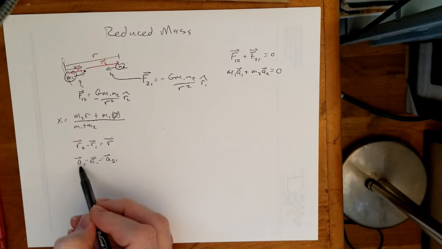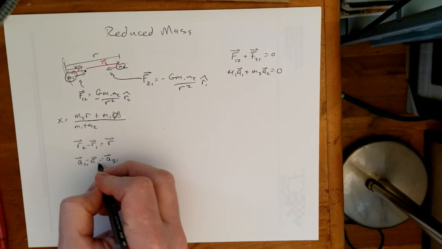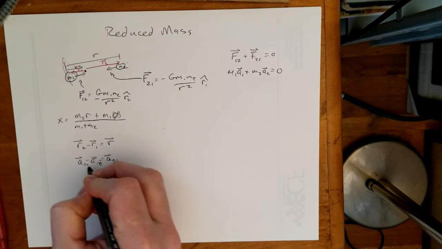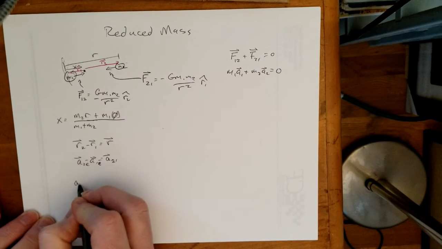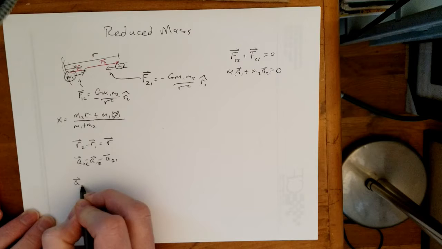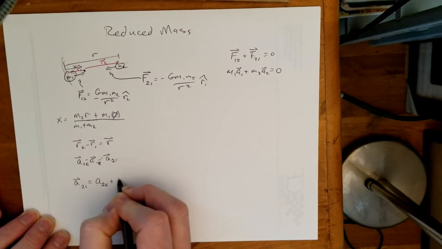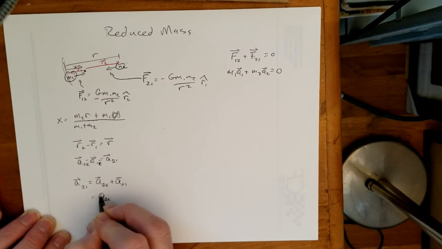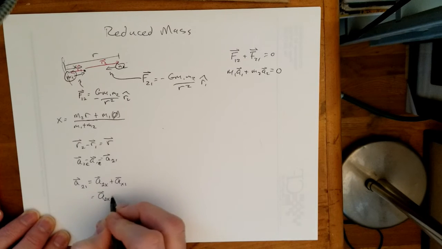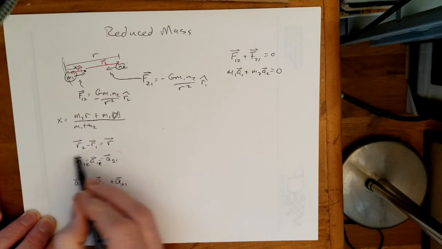So the acceleration of 2 with respect to x, or the center of mass, I want to put a c there for that, and the acceleration of 1 with respect to x. We can do that more formally: the acceleration of 2 with respect to 1 is the acceleration of 2 with respect to x plus the acceleration of x with respect to 1, which is the acceleration of 2 with respect to c minus the acceleration of 1 with respect to c, which is basically what I've written right here.